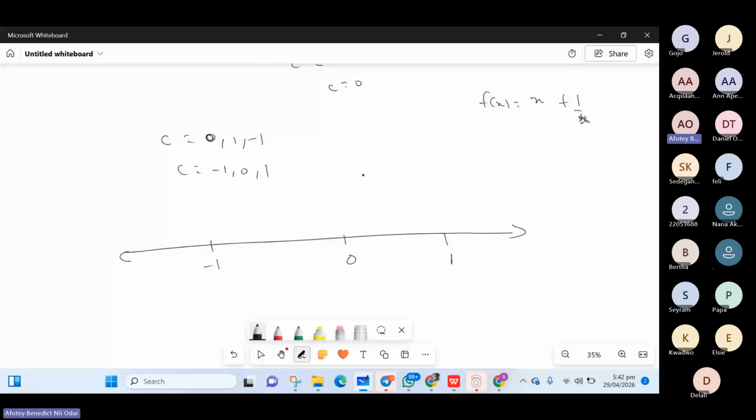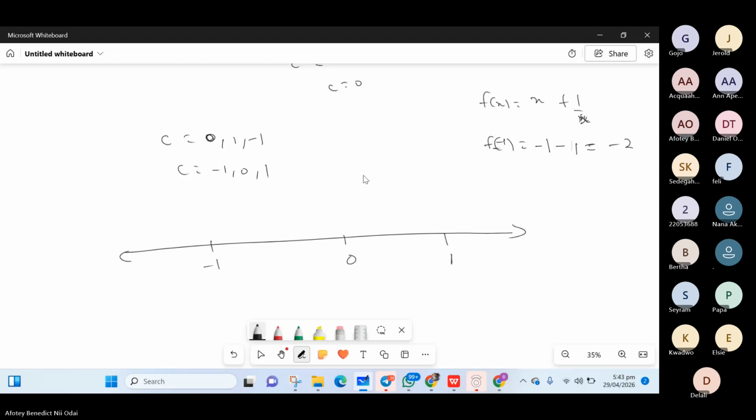So when we have f of -1, we get -1 minus 1. Therefore, f of -1 gives us -2.